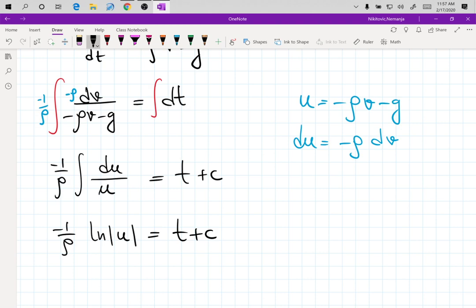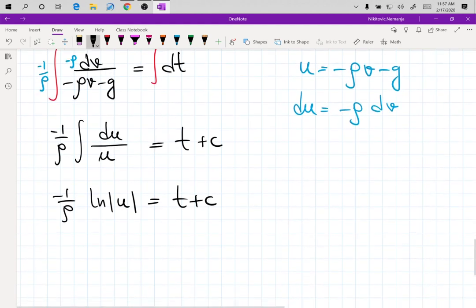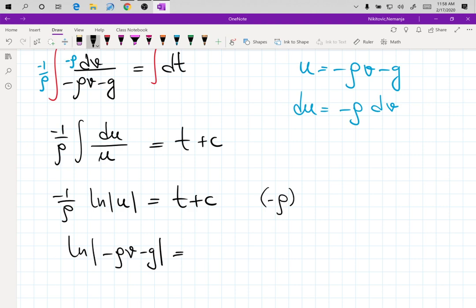And we are going to move negative rho to the right-hand side, so the entire equation times negative rho. So we are getting our ln of u, which is negative rho v minus g, equals negative rho t.